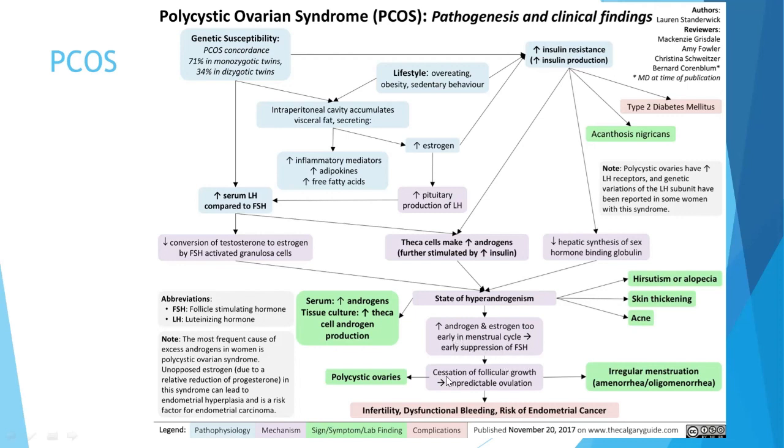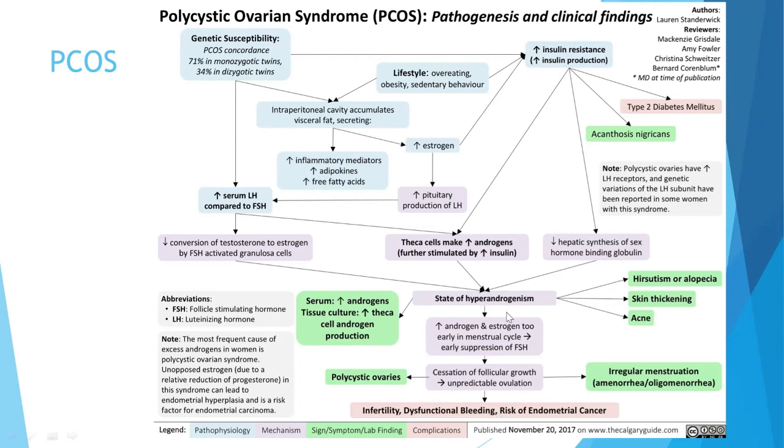and it will cause cessation of follicular growth, which means that the follicle was in the pathway of maturing, but due to the sudden cessation of follicle maturation, the follicle maturation is stopped in the midway, and that's how it formed polycystic ovaries. And it can further lead to infertility, dysfunctional bleeding, risk of endometrial cancer, or irregular menstruation.